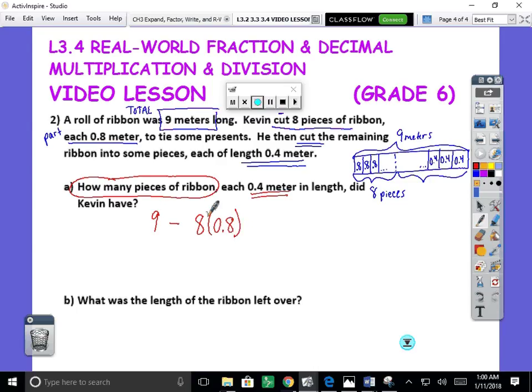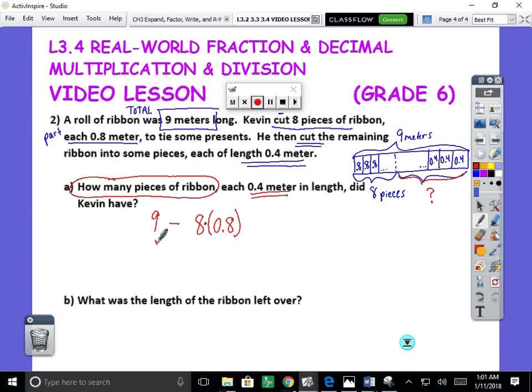This is again another way to show multiplication. So secretly right here, there's the multiplication. You might want to show that dot if it helps you. Okay, when I'm done, I'll know how much he's left with. I'll take away those 8 parts and I'll know this piece, right? But I'm not done yet until I figure out how many groups he can make or how many additional ribbons he can cut. So I need to solve this piece first.